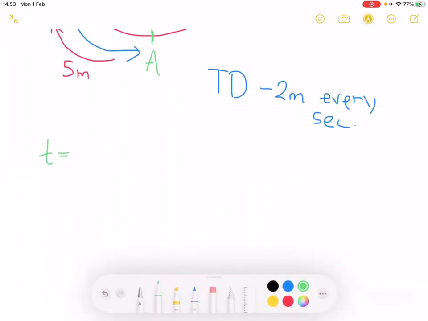So we're good to go. So 22 meters, which is just the distance between Andy and Bob, and then the decrease of the total distance is just 2 meters per second, leaving us with a time of 11 seconds needed for them to meet each other for the first time.